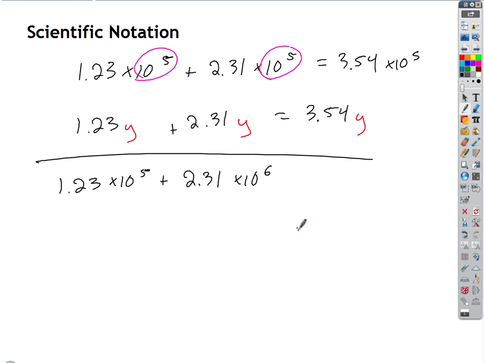So if I'm going to divide this one, really all I can do is multiply this whole thing by 10 over 10, is a way of thinking about it, right? I'm going to take the bottom 10 and group it with this factor, agreed? So it's the same thing as saying 2.31 times 10 to the 6, and I'm going to take this bottom one and stick that one there.